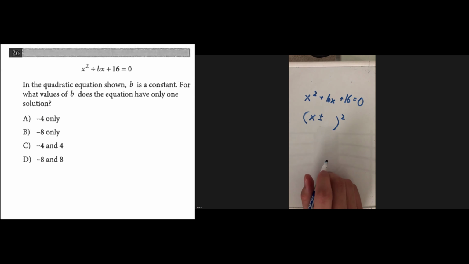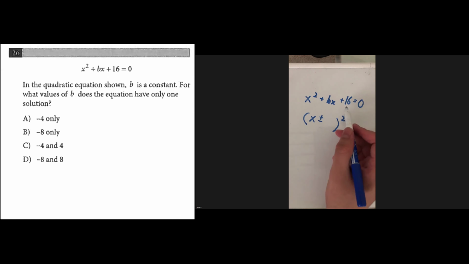That way there's only one solution. So to find what value would be squared, you just take the square root of 16, or whatever the c value is, because ax squared plus bx plus c. So you just take the c value and find the square root of that, which is 4. So x plus or minus 4 squared.